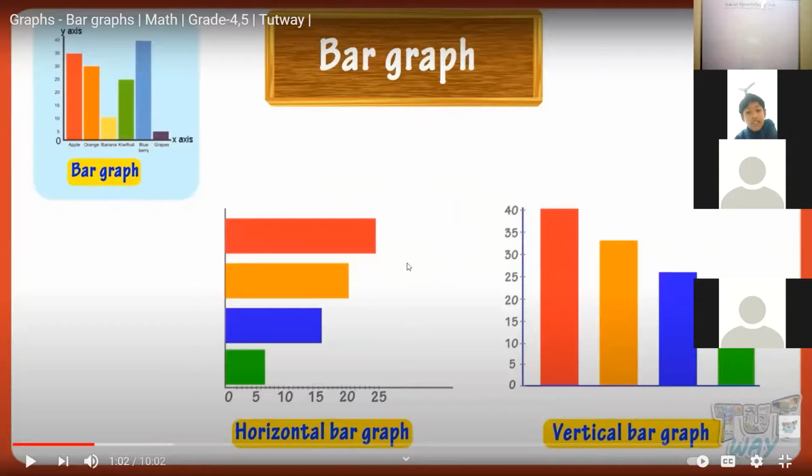So this is an important thing: to draw a bar graph, you can draw it horizontally as well as vertically. Okay. So when you all will draw these bar graphs in your graph notebook, you will draw vertical bar graphs only, not the horizontal ones.